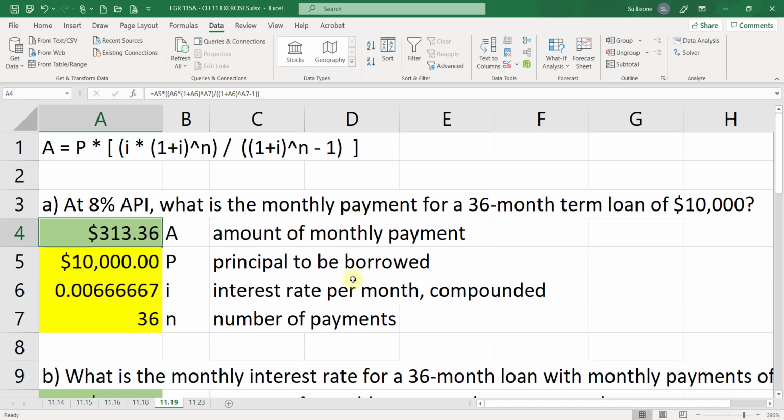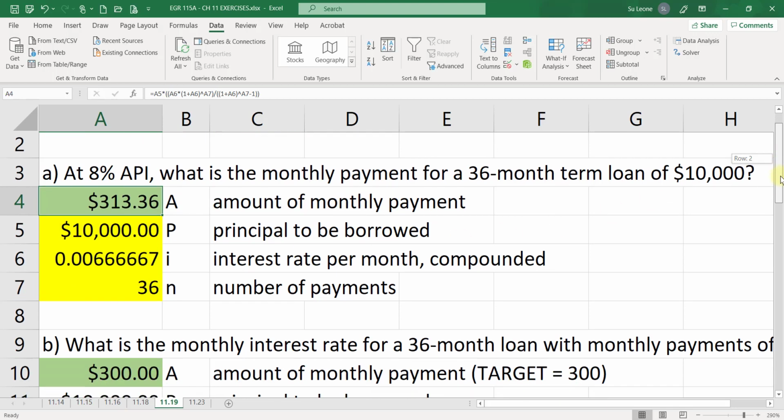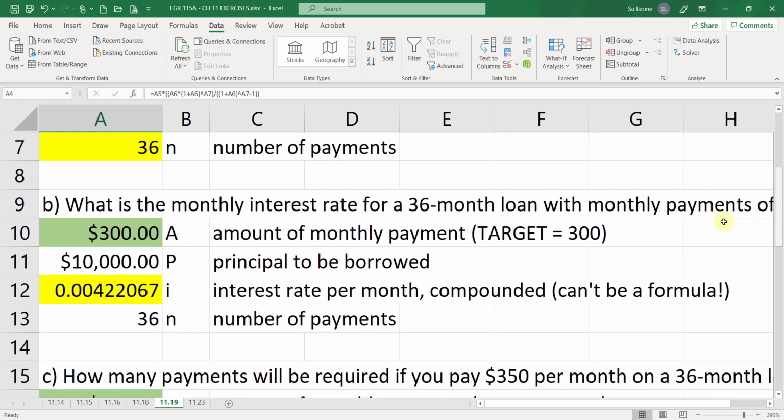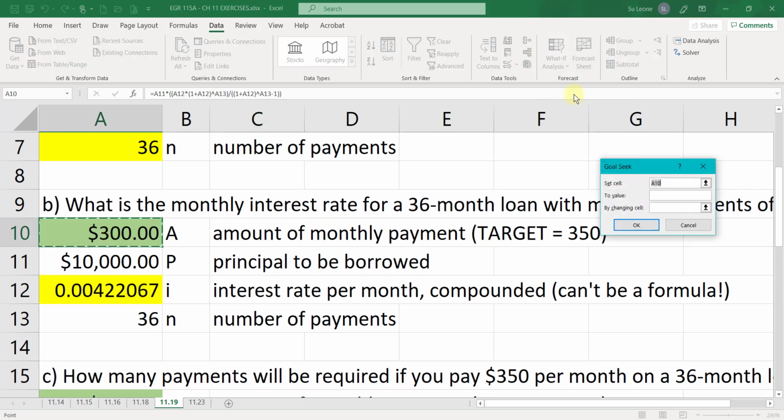So that's letter A. Then they start saying, well, what is the interest rate for a 36-month loan with monthly payments of $350? We want to know, how high does the interest rate have to be? So with GoalSeek, we're going to set that cell, we want it to be $350 by changing the interest rate.